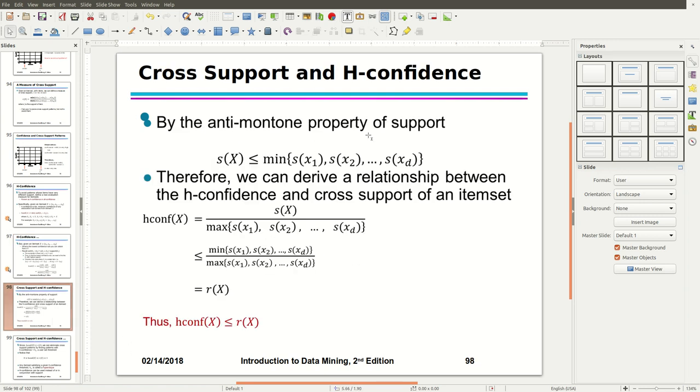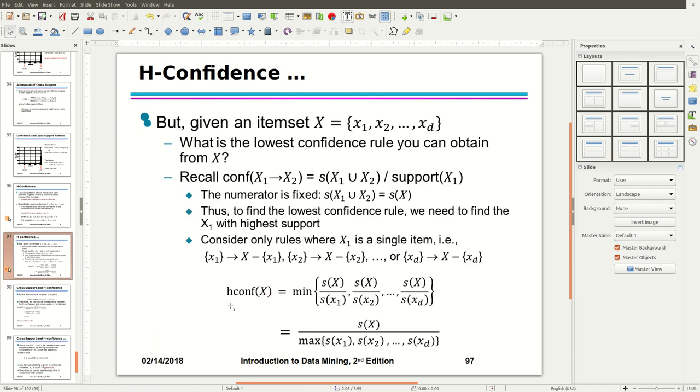By the anti-monotone property of support, the minimum of this is greater than Sx. Therefore, we can derive a relationship between the edge confidence and cross support of an item set. So this is edge confidence. If you remember, this is the formula. We just gave this formula right there.